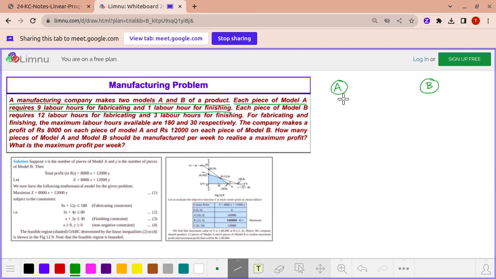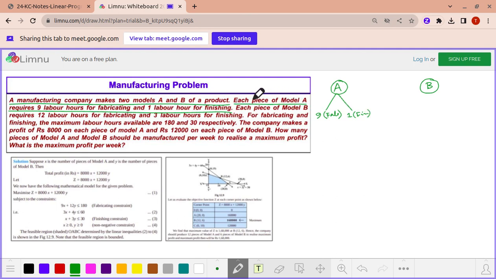So 9 labor hours for fabrication, which I am writing as FAB, and 1 labor hour for finishing, FIN.